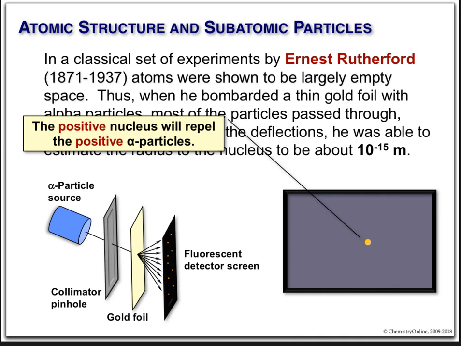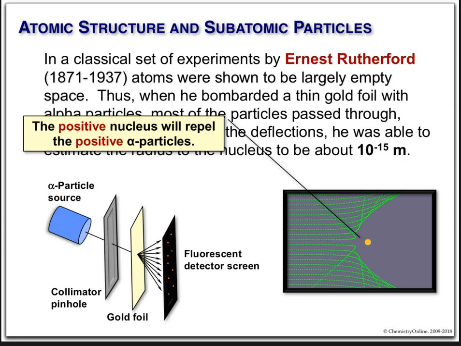What he did was he took an alpha particle source, so, you know, a lump of uranium, passed it through a little tiny pinhole, and then he took gold. Remember we said gold was the most malleable of all metals. You can pound it out so it's an atom or two thick. It's amazing. So he did this, took this little tiny piece of gold leaf and put it in this beam of alpha particles.